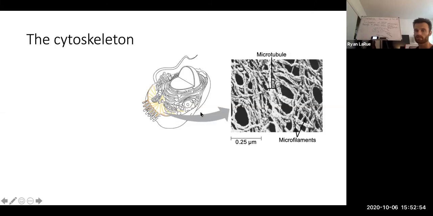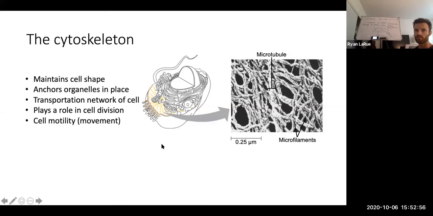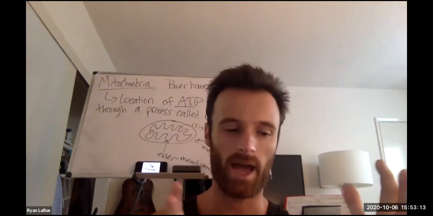The cytoskeleton, not technically an organelle, but nonetheless, a very important structural component of cells. And here are some of the functions of the cytoskeleton. Essentially, the cytoskeleton is made of these different kinds of proteins that there's a ton of throughout cells.